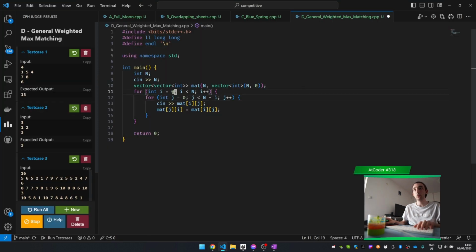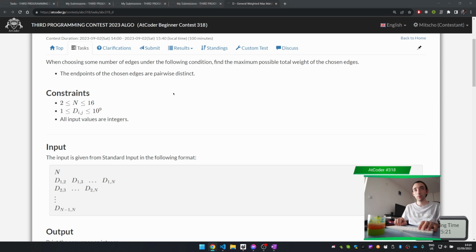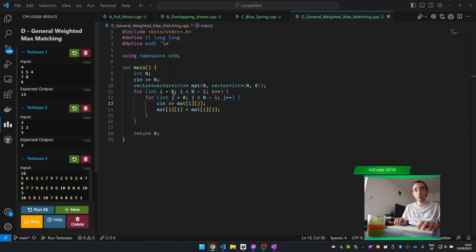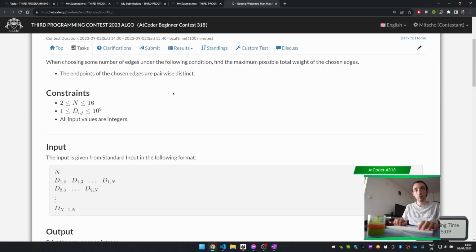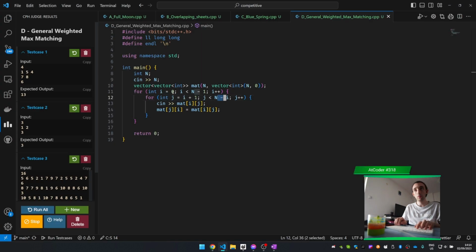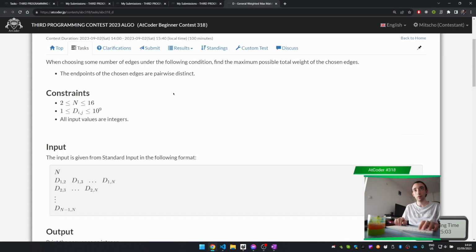Also, this is 1 through n minus 1, and then 2 through n. This is how it is represented.